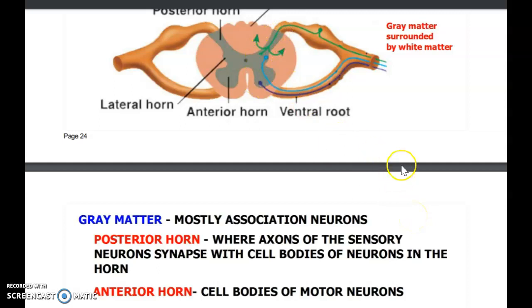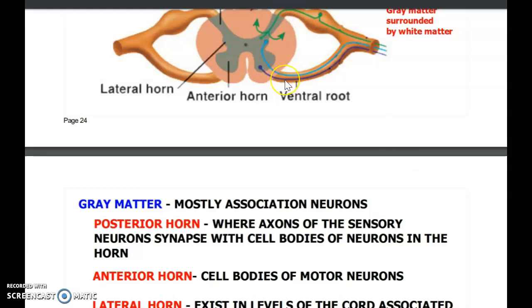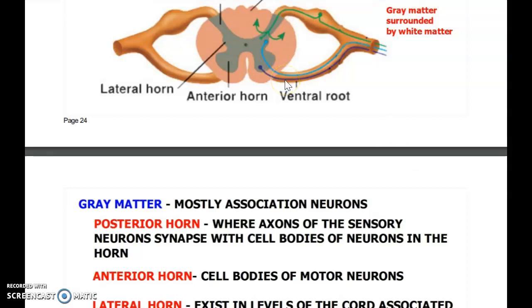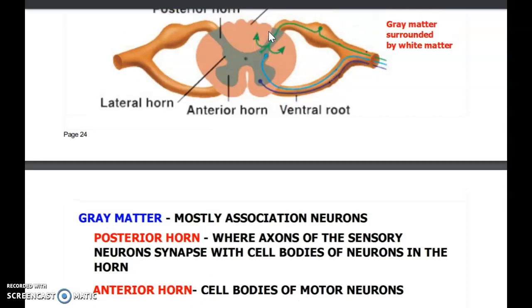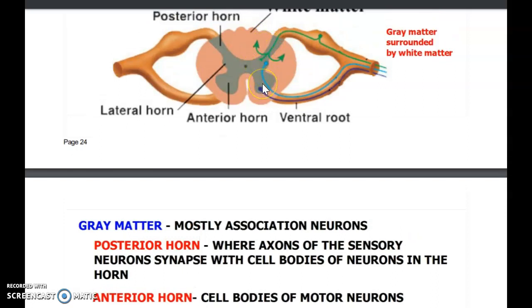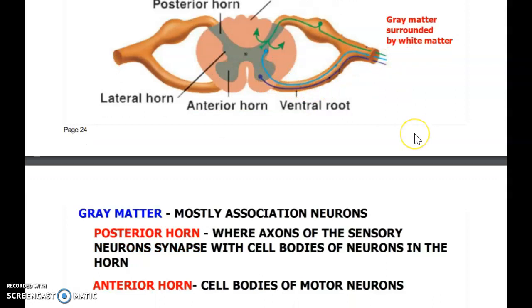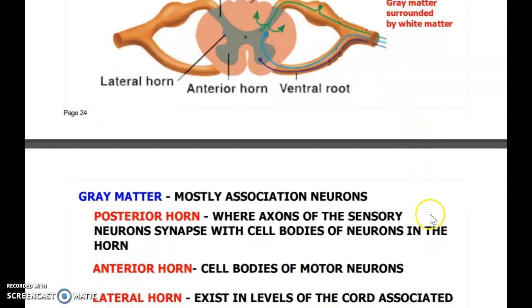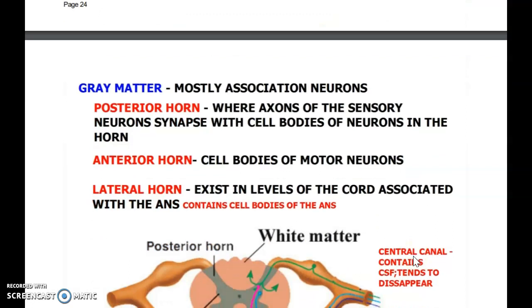The anterior horn has cell bodies of motor neurons. Think about that. This is sensory, this is motor, and it makes sense that if sensory is coming into the posterior horn, then motor, or efferent, are going out the anterior horn. So those are cell bodies of the motor neurons. And then the lateral horn exists in levels of the cord associated with the ANS, or autonomic nervous system.